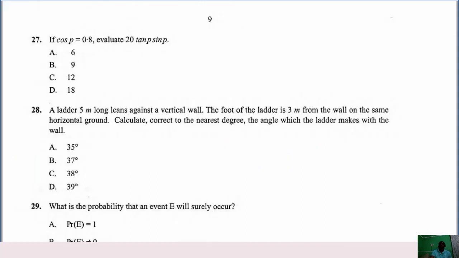Question 27 says that if cos P is equal to 0.8, evaluate 20 tan P sin P. So what we do is that we can easily find P. We have cos P is equal to 0.8, so our P will be equal to cos inverse of 0.8.